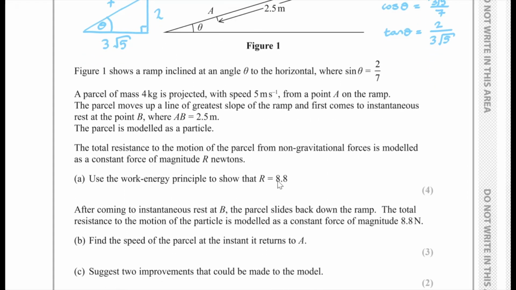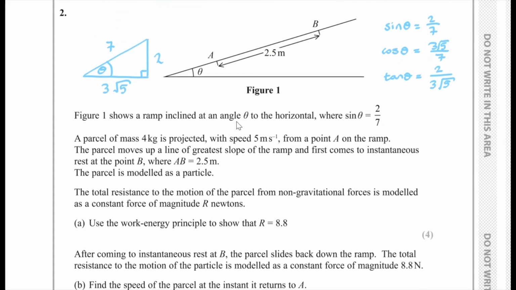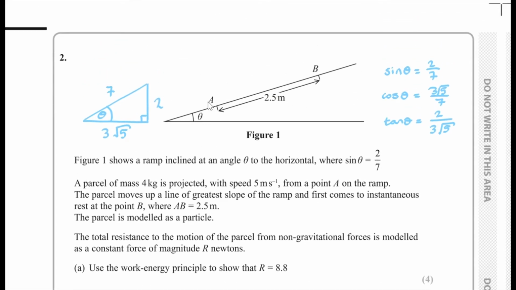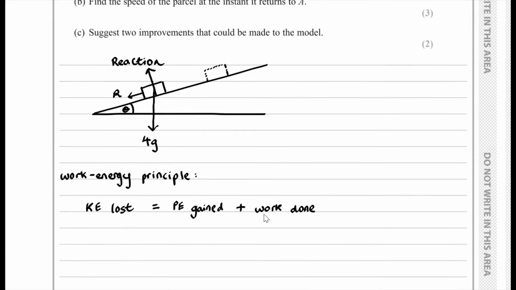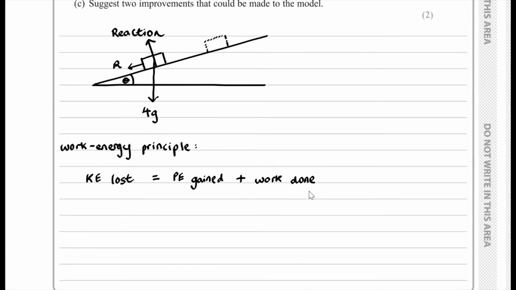And of course we would have to do work. Essentially we've got some sort of non-gravitational forces. In other words, we've got some sort of friction taking us from A to B, and we have to do work against that friction. So the kinetic energy lost, we have 1/2 times 4 times 5 squared.